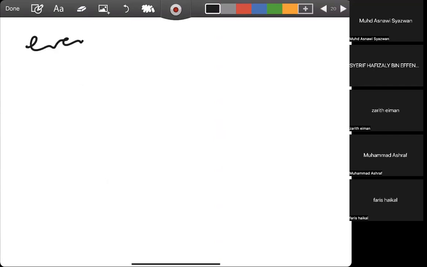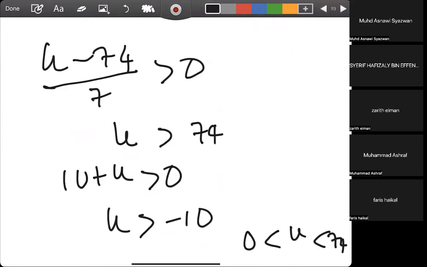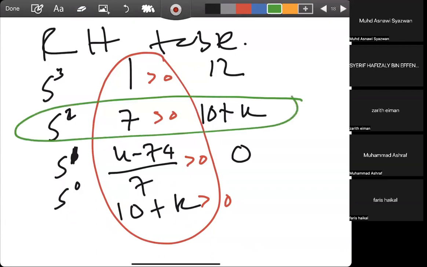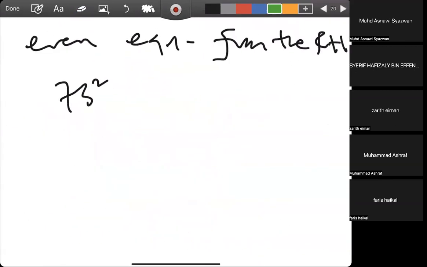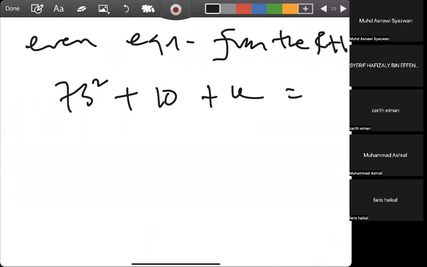So find the even equation from the Routh-Hurwitz table, which is 7S squared plus 10 plus K equal to 0, where K is 74.